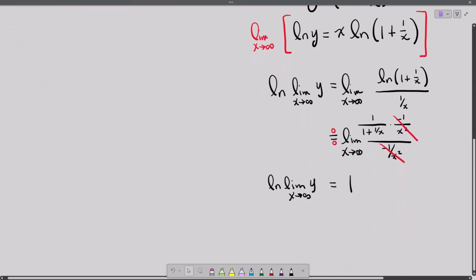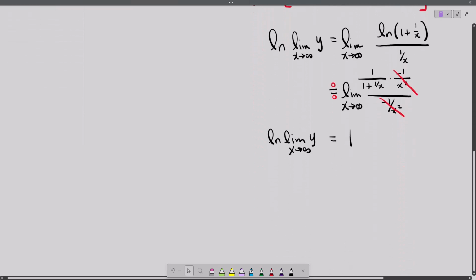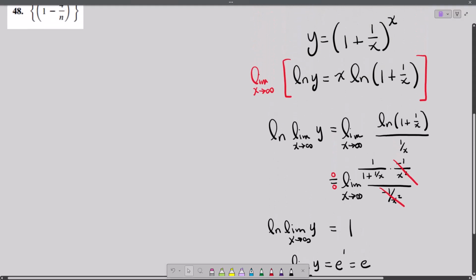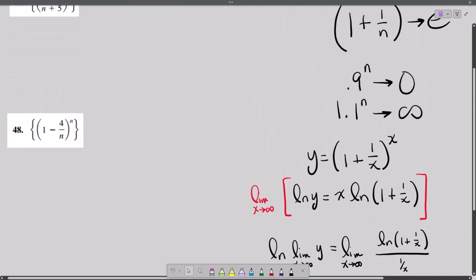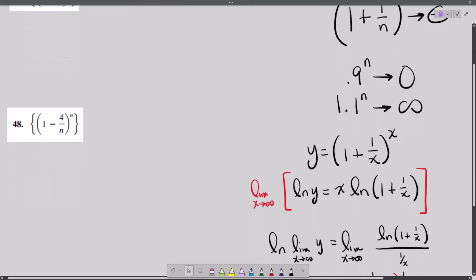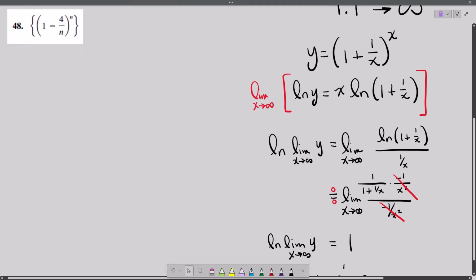So if we switch to x's because we knew we were taking derivatives. So we're trying to find the limit of y. So what's the last step here? Yeah, we're going to exponentiate both sides, e to the 1, which is just e. So that's y. That's the calculus way to show that this limit is e. So that is our basic procedure for the log limit process.